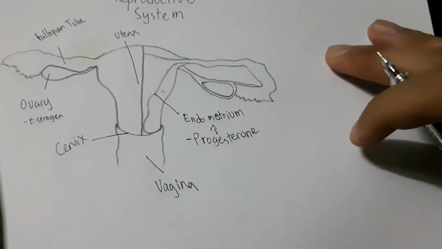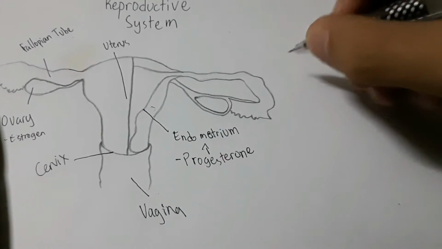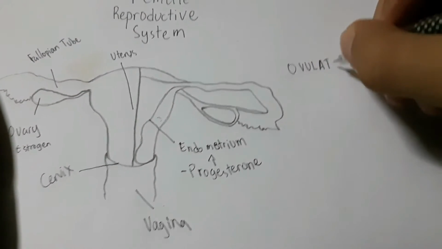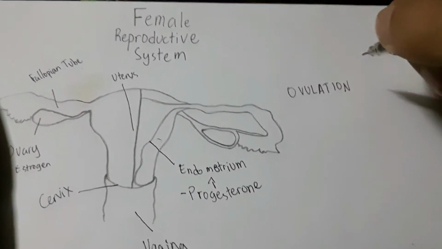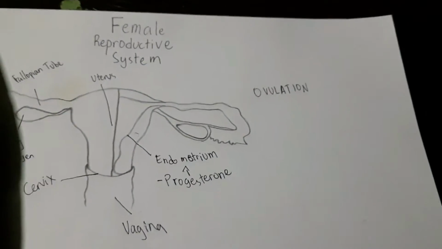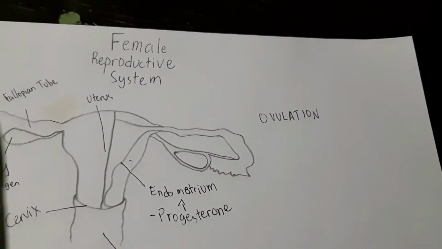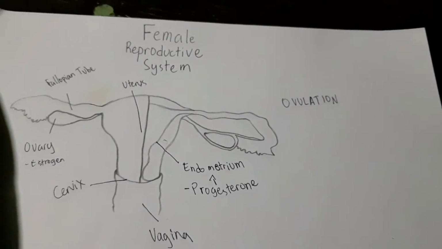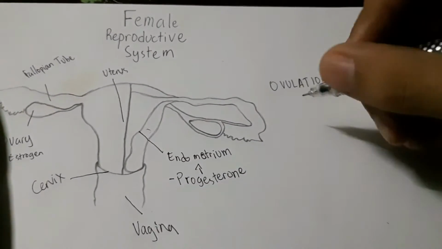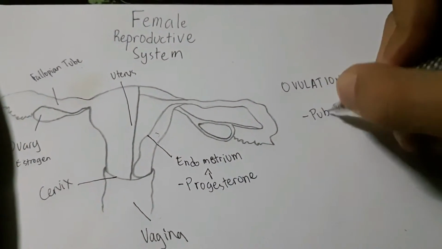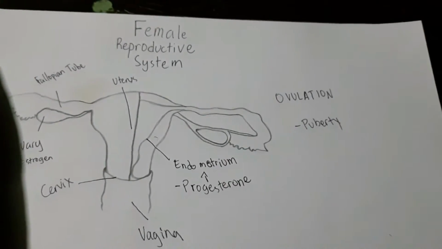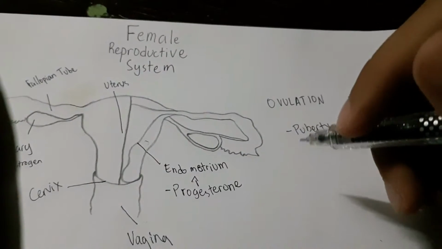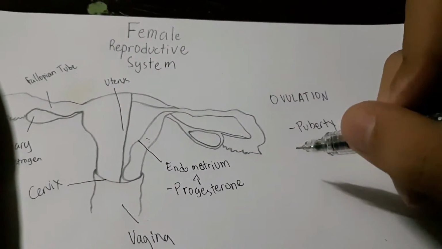Tapos ovulation. Yan. Yung ovulation, nangyayari yan pag nag-puberty na yung babae. Tsaka, ito yung parang best time para mag-conceive ng anak.